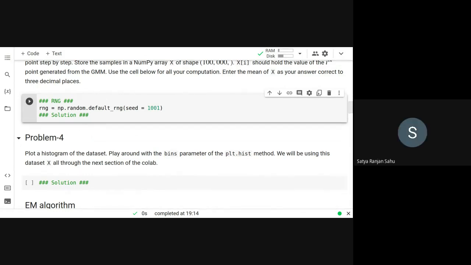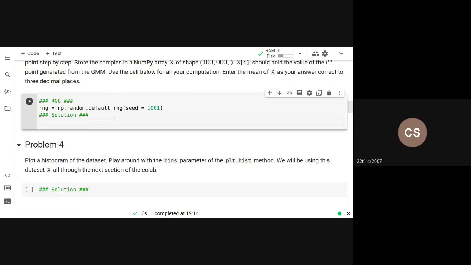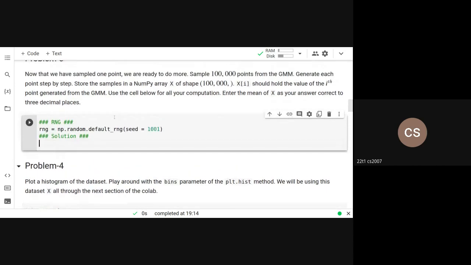It could be first generate an array of 100,000 points and then loop over that. Right, that is what we are going to do. So we do the whole thing in a loop, for i in range of 100,000.